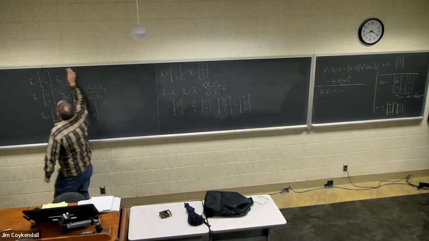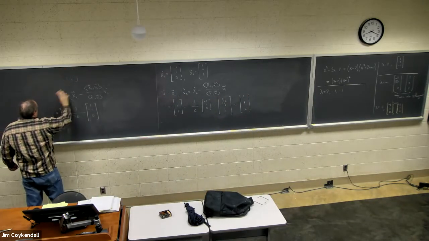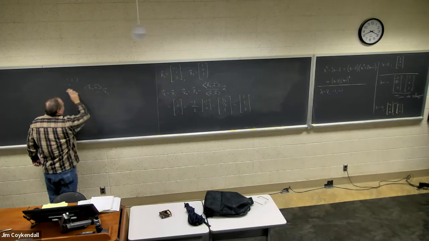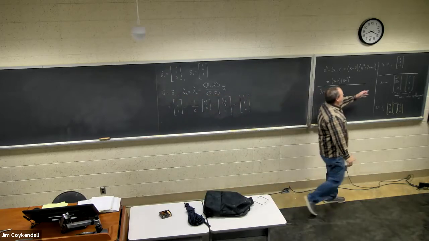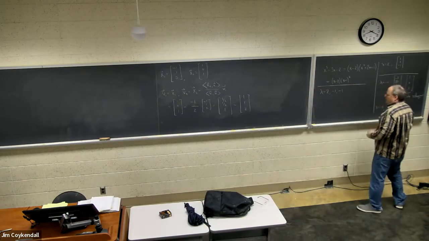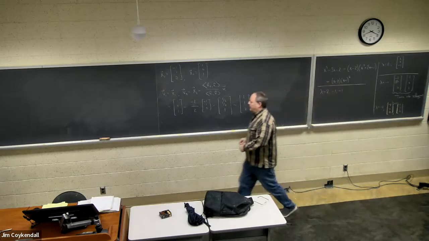So now I have an orthogonal basis for R3 consisting of these eigenvectors. Notice that I can normalize them.